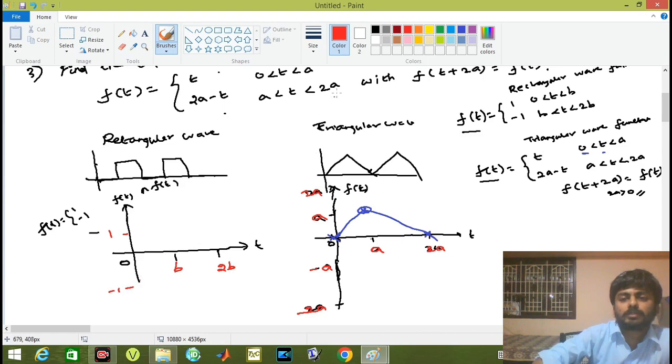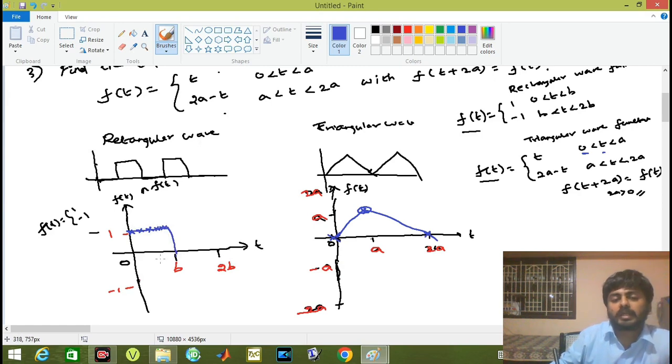I am telling you very slowly. If you are having like this, for t equal to 0 you will have 1. For any value of t, all the points will come to this level till t reaches b, so you will get a rectangle here.